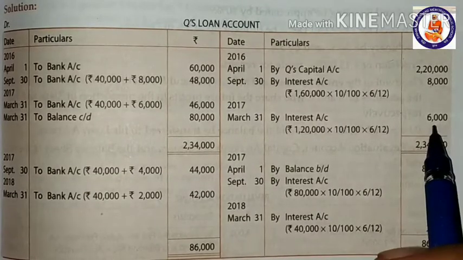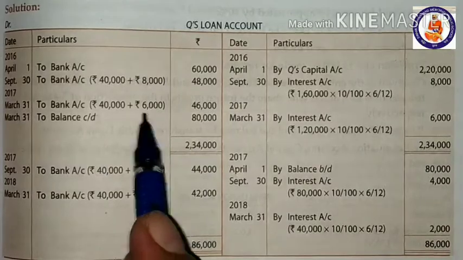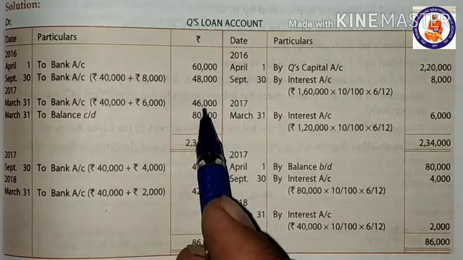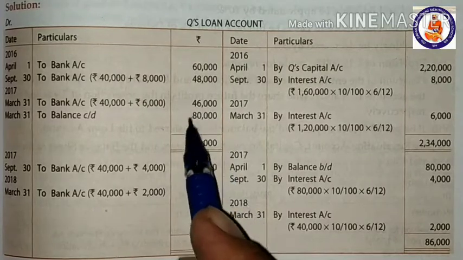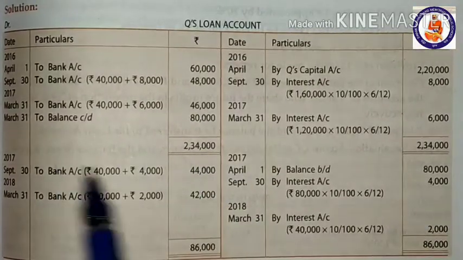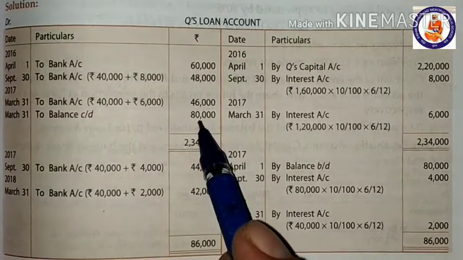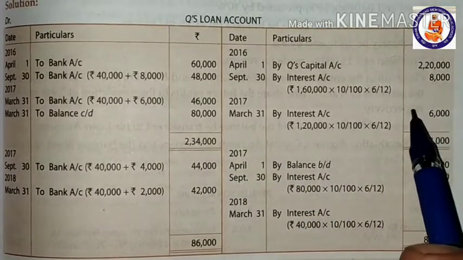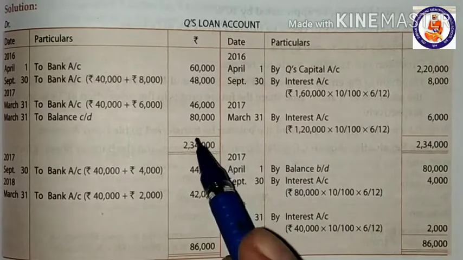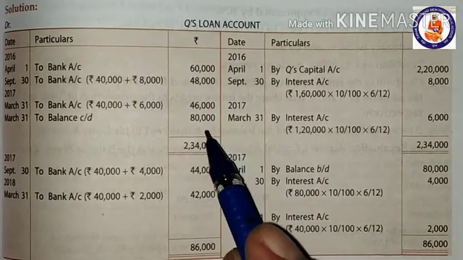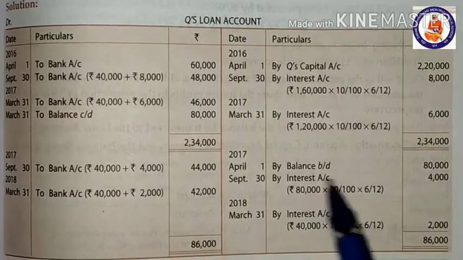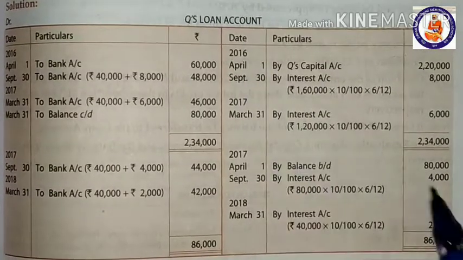So 6,000 plus the 40,000 installment, 46,000, will be paid. If you total up and take out the balance, 80,000 remains, because out of 1,60,000, 80,000 is paid. This 80,000 will be taken next year as the opening balance of this loan account.